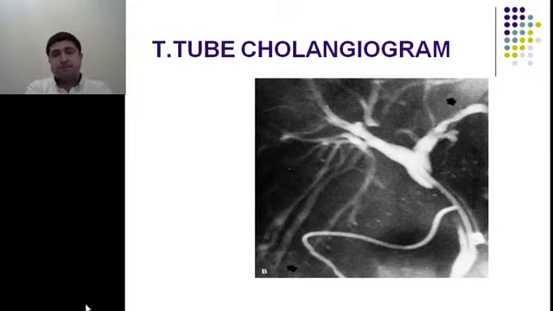Also we can apply a T-tube when we perform intraoperative removal of stones during cholecystectomy, without ERCP, during open or laparoscopic operation.